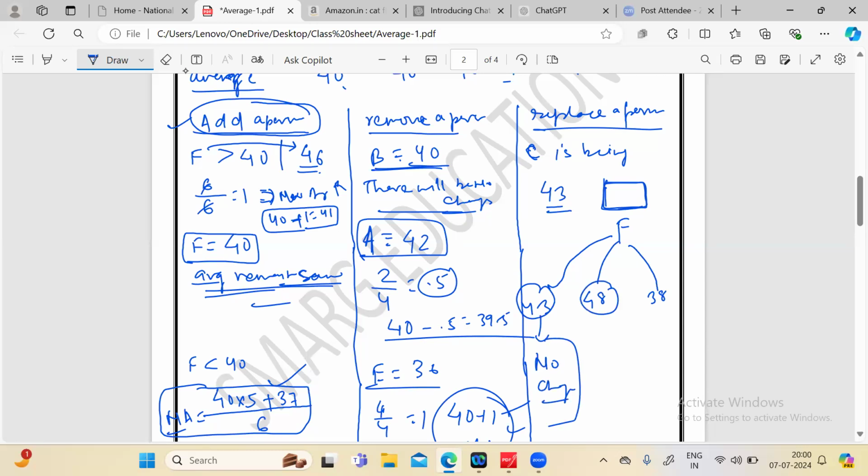If 48 is coming in place of 43, the total will be increased by 5, which will be divided among all the 5 people, 1, and the new average will be 40 plus 1.